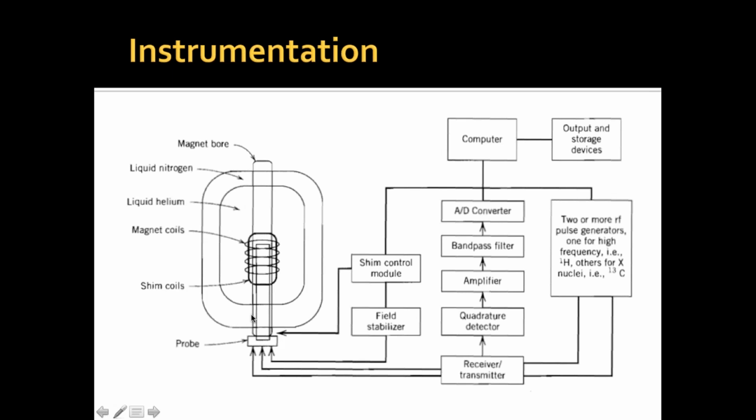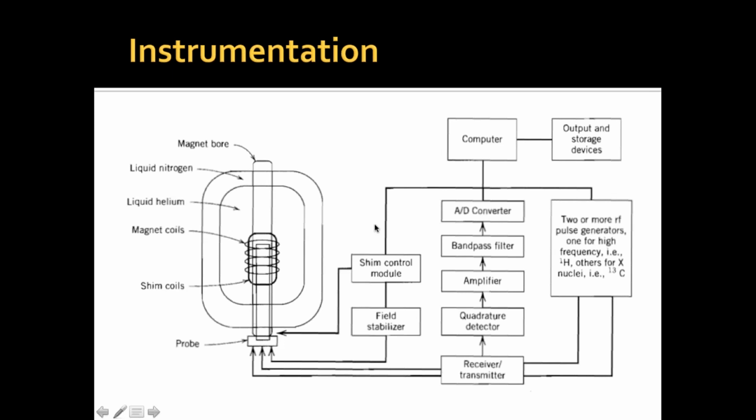Now, as we increase the frequency of NMR, as we go from 60 megahertz to 90 or 100 megahertz, to 300, 400, 600 megahertz, and these days up to 900 megahertz, if you want to create that strong magnetic field, you have to have something to cool down, because the magnets heat up very easily.